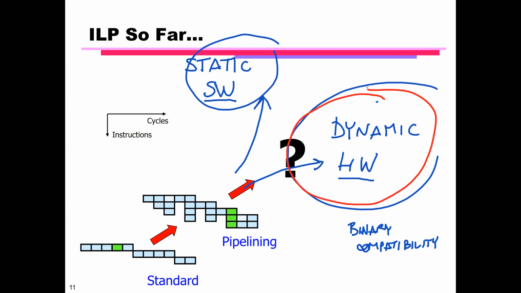What we are going to do today is actually to try to do this reordering dynamically. Not the compiler doing it and we obey it, but we try to generate the new order dynamically during execution in hardware.